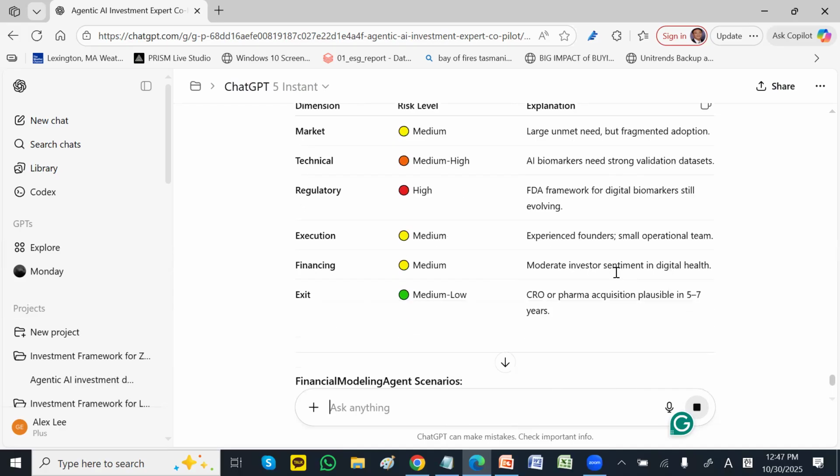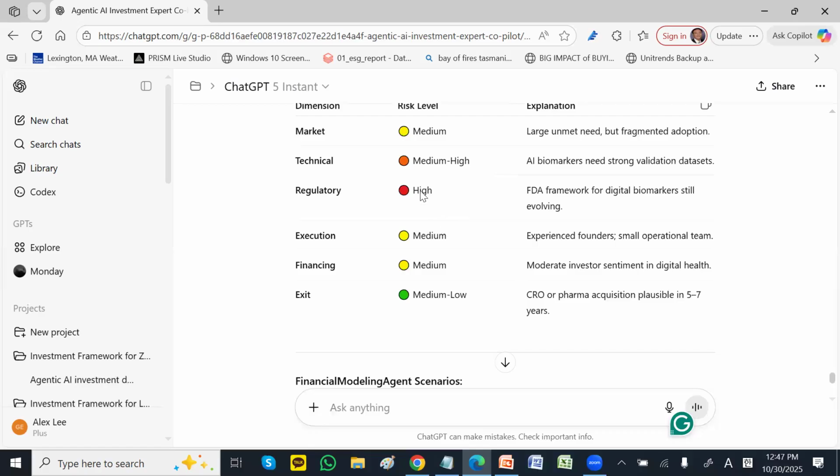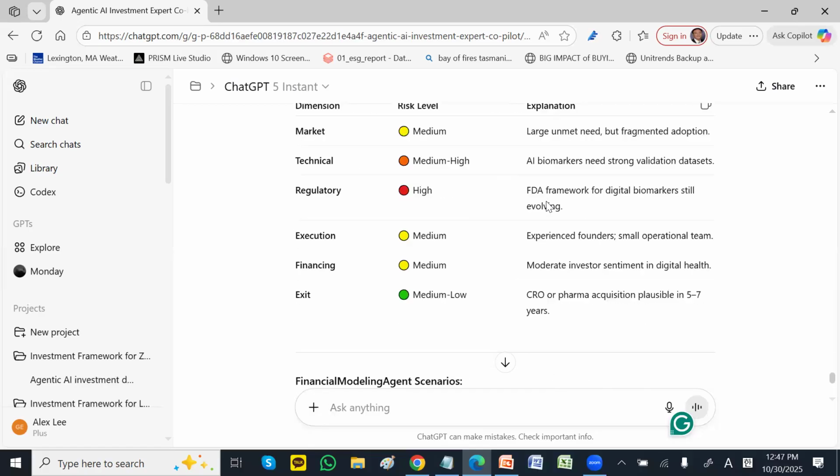So it follows the PMOI's framework, and then you find out the risk level and the explanation. It explains every step, right? Because the beauty of this is that in the reasoning and decision making, this AI is not a black box.